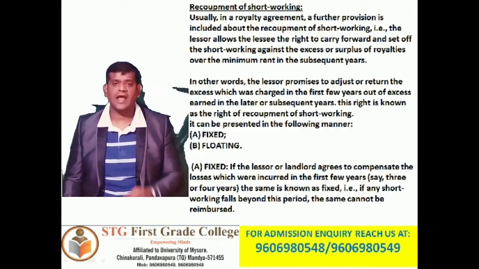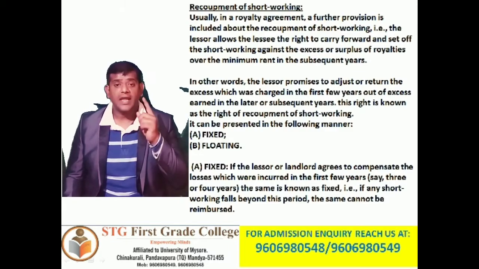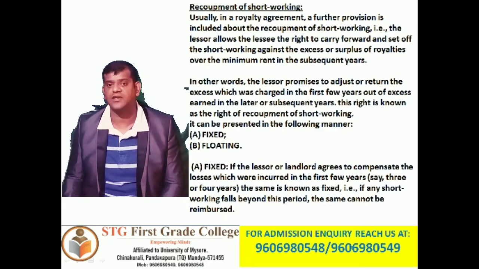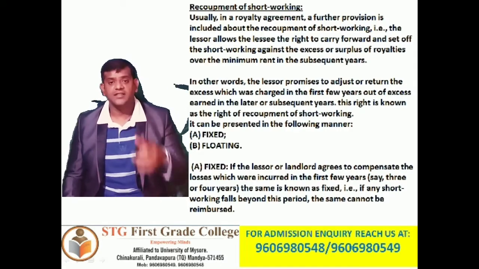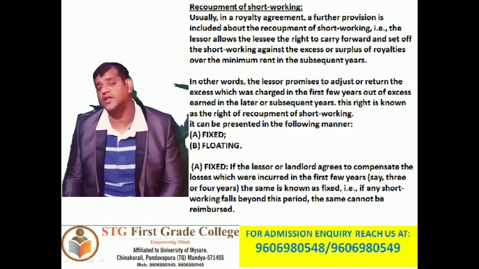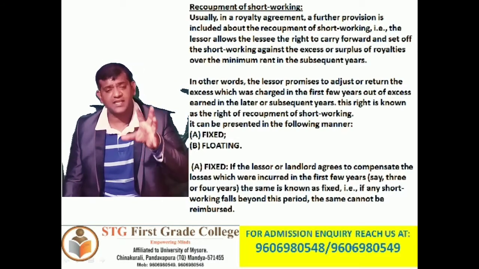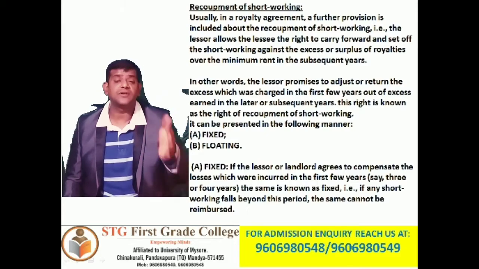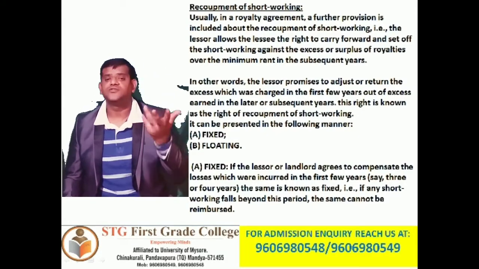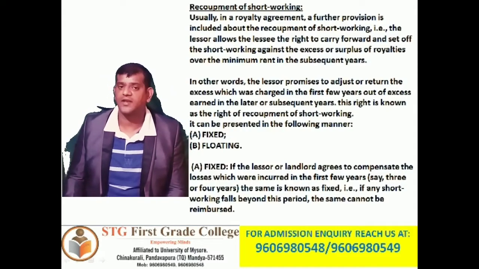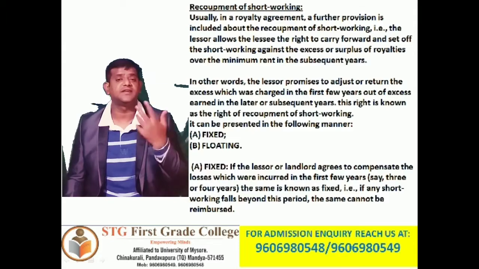If the lessor or landlord agrees to compensate the losses incurred in the first few years, say 3, 4 or 5 years, the same is known as fixed. That means a specified number of years is clearly given to recoup the losses. That short working recovery system we call a fixed recoupment system.